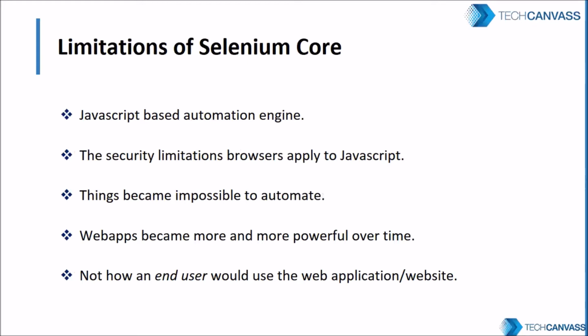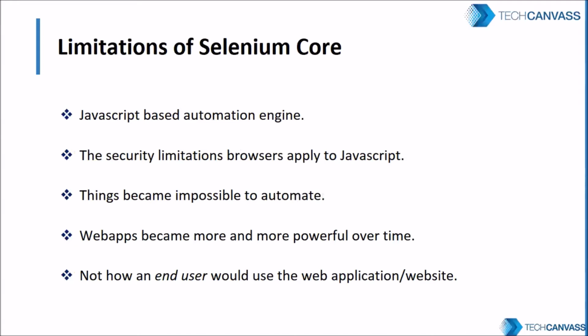However, there were a lot of limitations of Selenium Core. Some of the limitations were the JavaScript based automation engine. What happened in Selenium Core was that JavaScript events were executed on web elements. For example, consider a scenario of logging into a certain web portal.